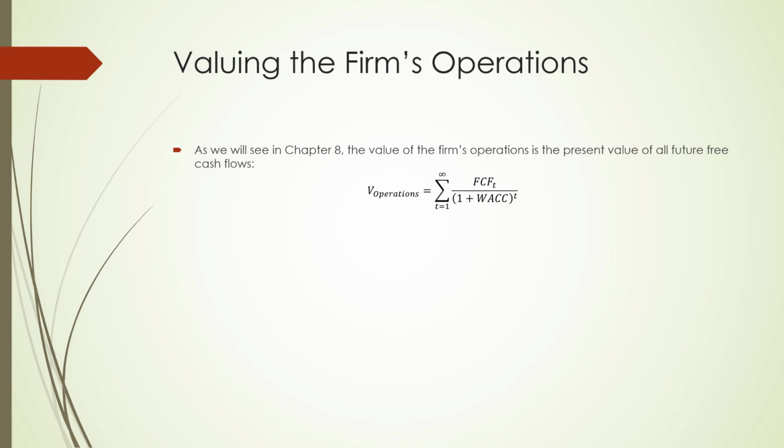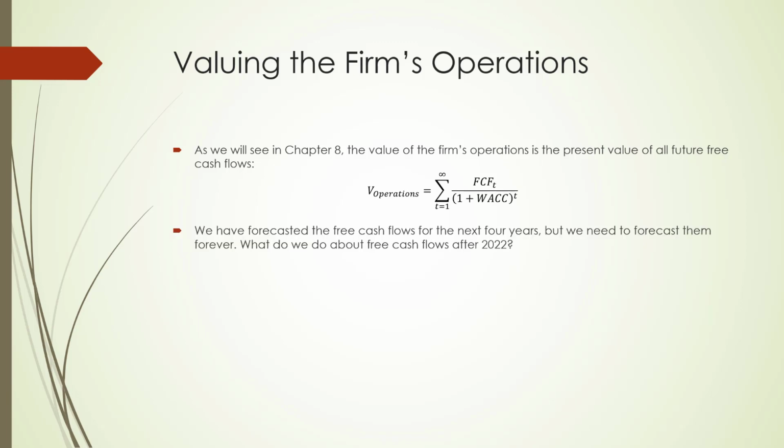The problem is that the value of the firm is the present value of all of the future free cash flows forever, not just for the next few years. And we've only forecasted the next 4 years worth of free cash flows. So we have to figure out some way to find the value of everything after that 4th year. So what do we do about the free cash flows after that?